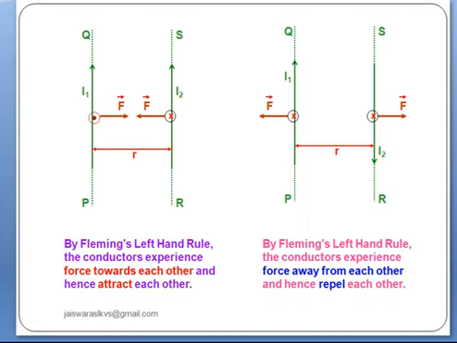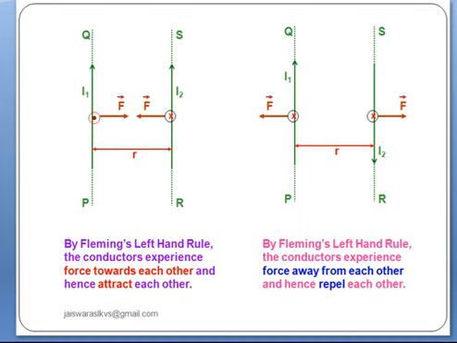So what will happen when the current flows in the same direction in parallel current carrying conductors? Both the conductors experience a force of attraction. It means both the conductors try to come closer to each other. Why? Because there is a force of attraction.